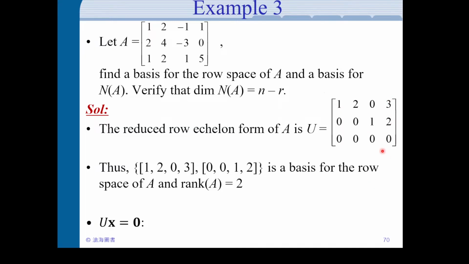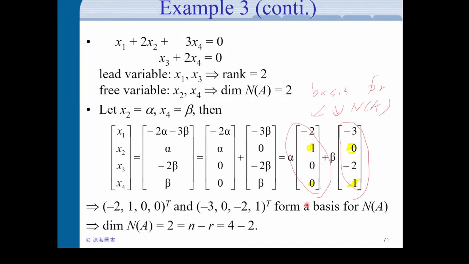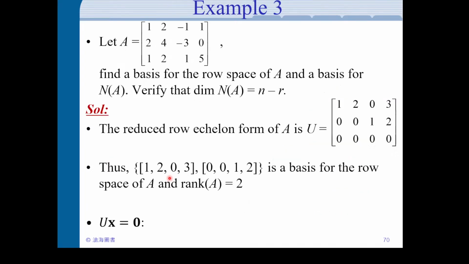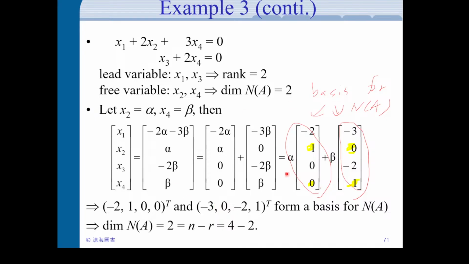So you have 1 here, and from here you have a minus 2, and from this you have a minus 3, and then you have this other free variable, and you have minus 2 here and nothing here, etc. But anyway, you can do this calculation slowly, and you see that from your REF, you can get your basis for your null space pretty quickly.